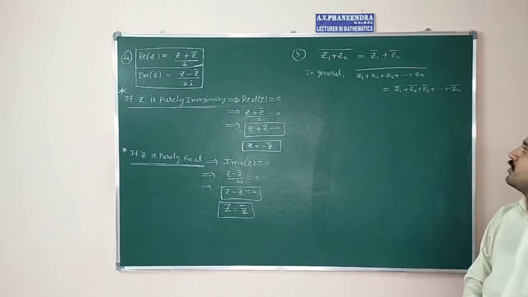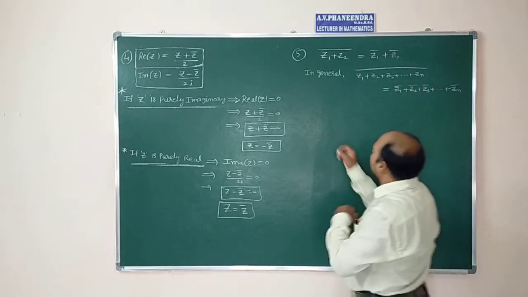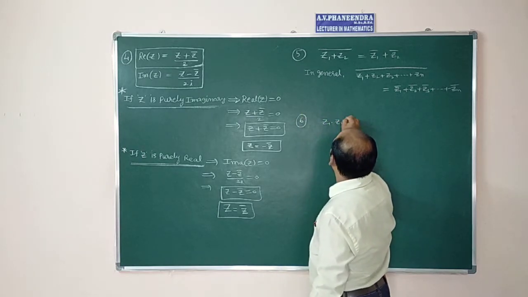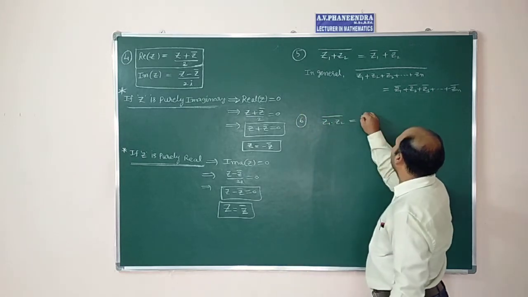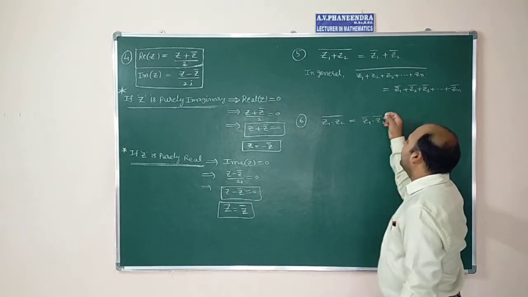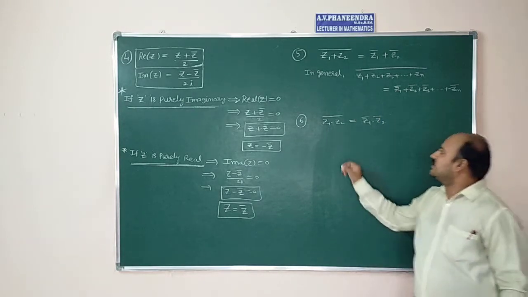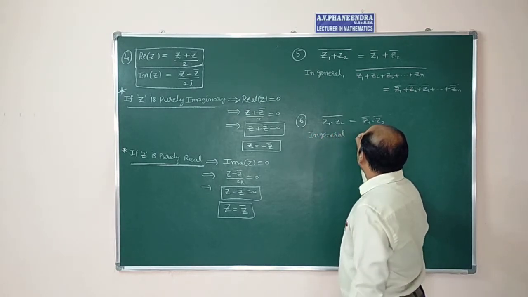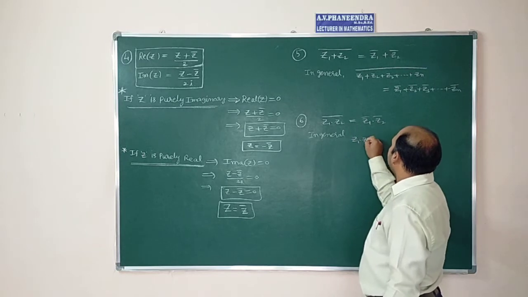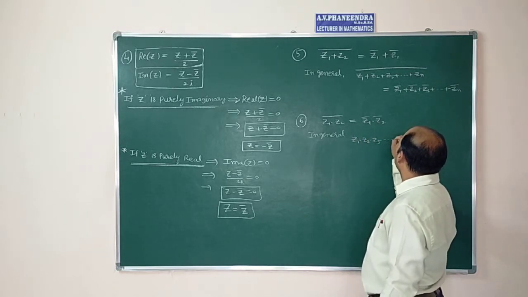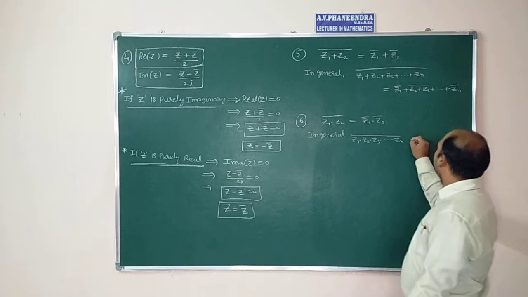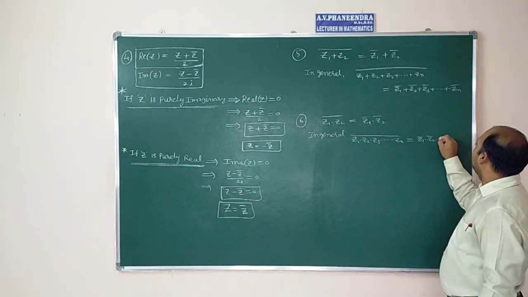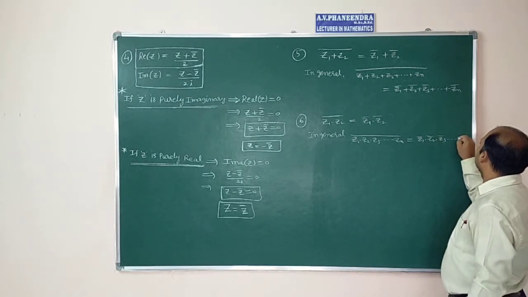This is also one of the properties. And for the product, we can observe that the conjugate of z1 into z2 is equal to z1 bar into z2 bar. In general, z1 into z2 into z3 and so on up to zn, whole bar, is equal to z1 bar into z2 bar into z3 bar and so on up to zn bar.